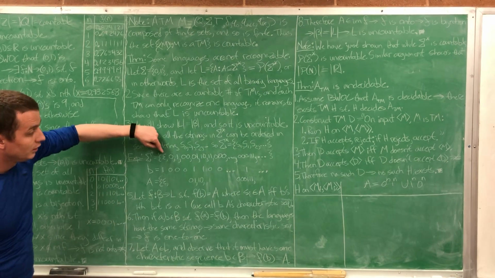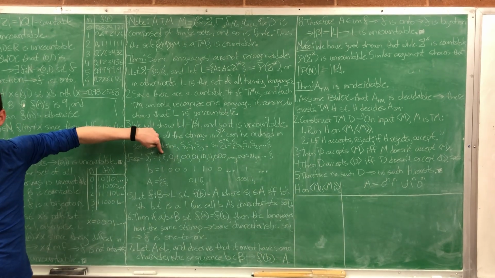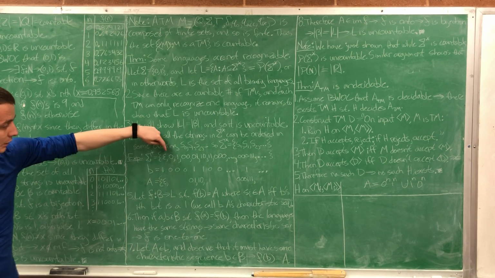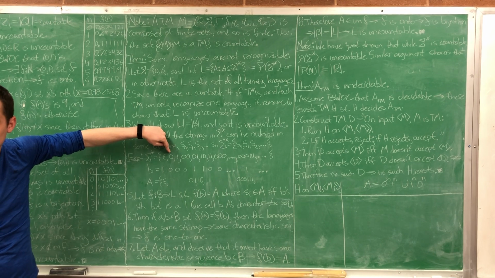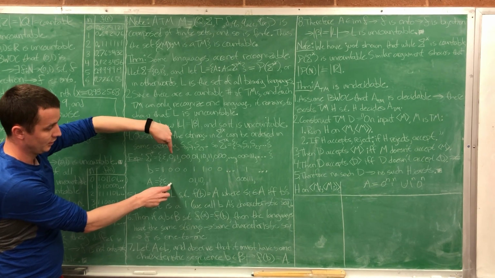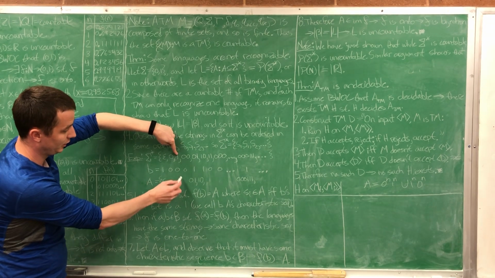So looking at it, if this is my language A, do we put the empty string in there? Yes. So we put the empty string in there. Do we put 0 by itself in there? No. So we have a 0 here, and we don't put it in. Do we put 1 by itself in there? No. So we have a 0 here, we don't put it in.